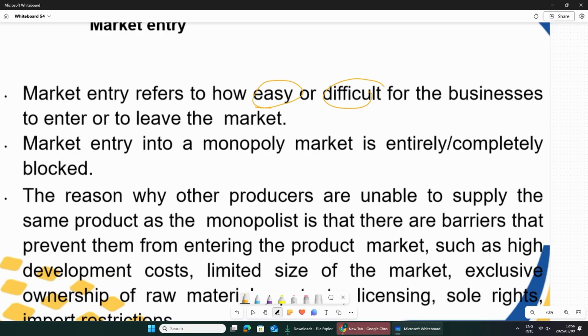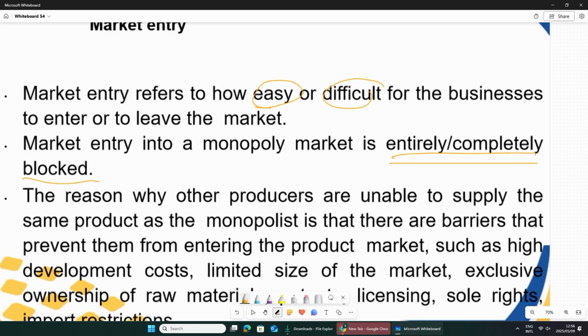In the case of monopoly, the market is entirely, completely blocked. This is very important when answering questions to do with the market entry. We are saying it's completely blocked, entirely blocked. And this makes it difficult for other suppliers to enter into the market.